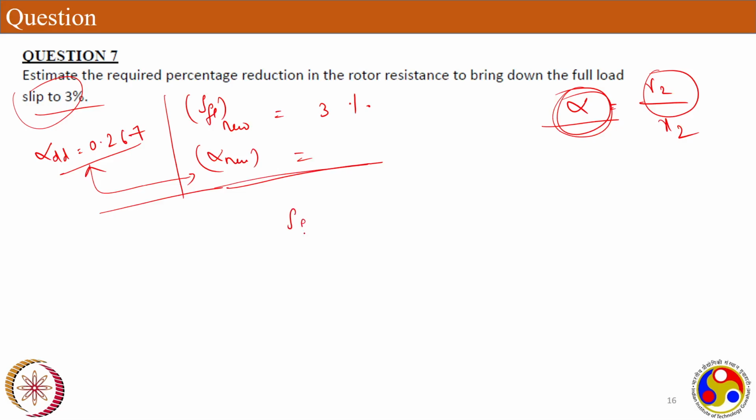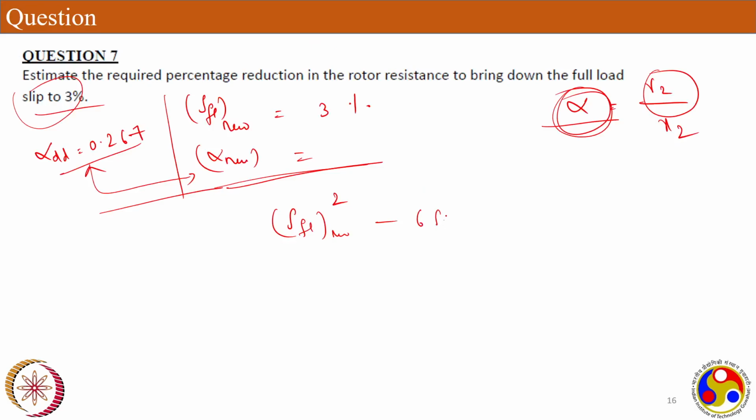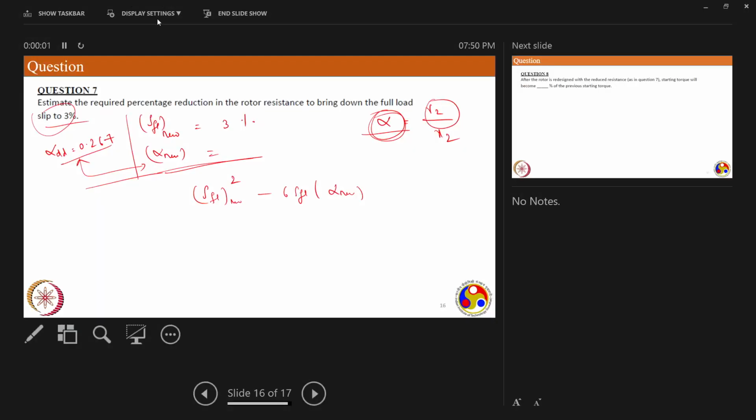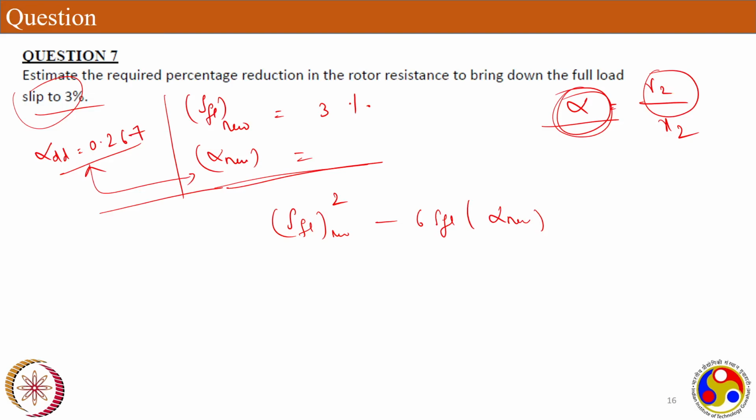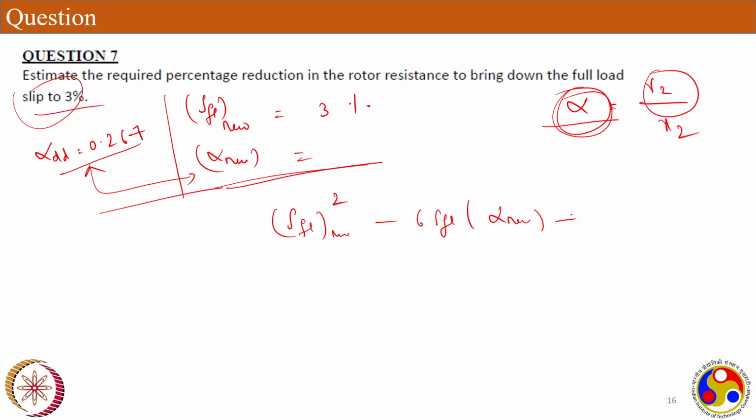So you calculate S_FL new: S_FL squared minus 6 S_FL into alpha new plus alpha new squared is equal to 0. In this you know S_FL, that is 3%.